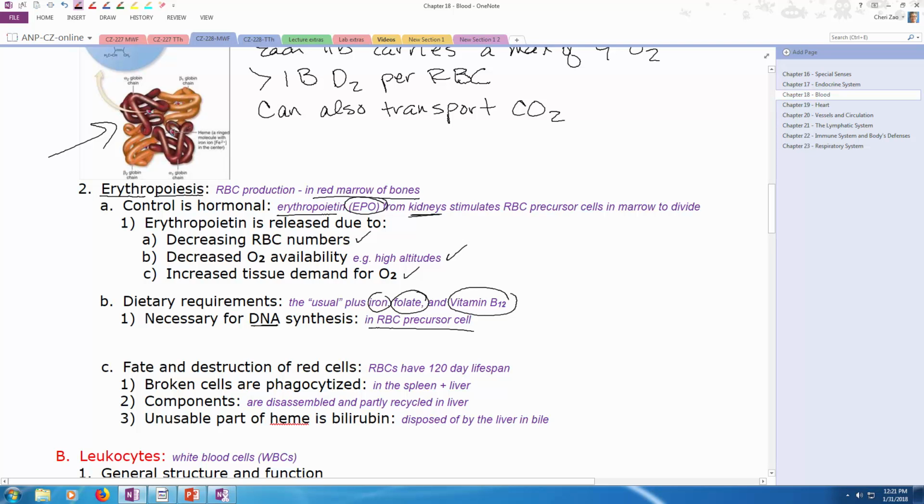So what happens if you have a deficiency in any one of these things? What's the typical name for this when you don't have enough red blood cells? Anemia. Anemia will result if there's a deficiency in any one of these things.